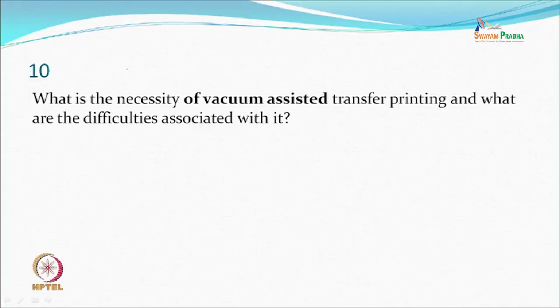So many of them, but what I say is okay, it is related to transfer printing anyway, but related to the gas being directed in one way or the other. So, vacuum assisted, nobody would like to create vacuum, it's costly, all right.